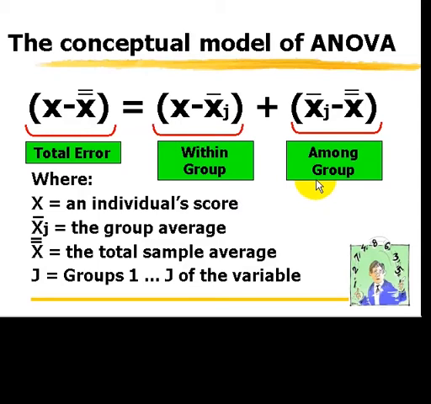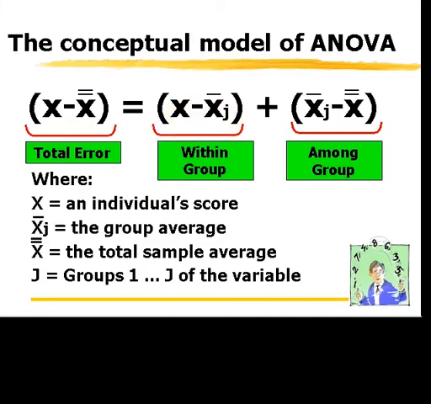Now this J here, what the J means is for groups 1 to J of a particular variable. So for example, with the gender variable, you would have two groups. You would have the male and the female. And so we then have the X of the individual male minus the male difference.